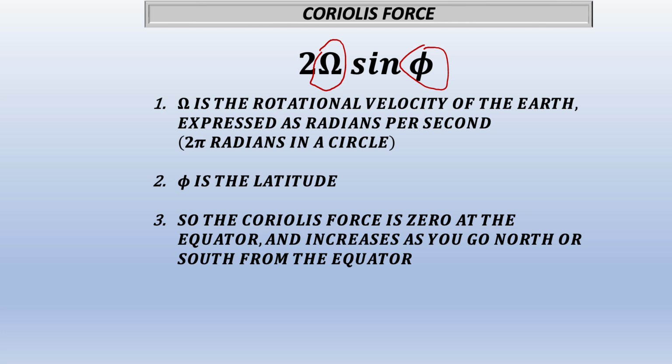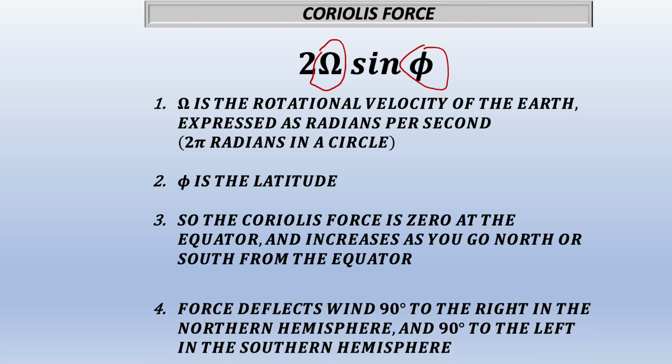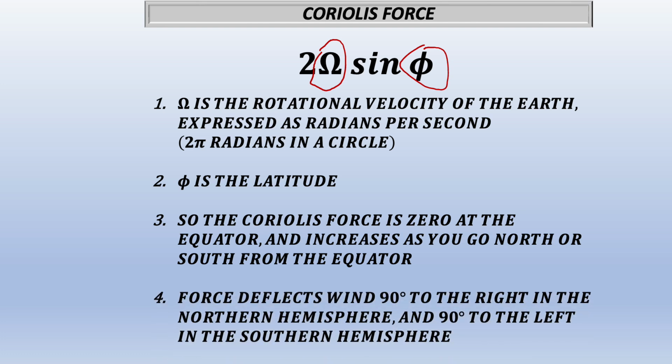Okay, so the sine of 90 at the North Pole is actually 1. So the Coriolis force at the North Pole would be just twice the rotational velocity of the Earth times 1. And this force deflects the wind 90 degrees to the right in the northern hemisphere and 90 degrees to the left in the southern hemisphere.